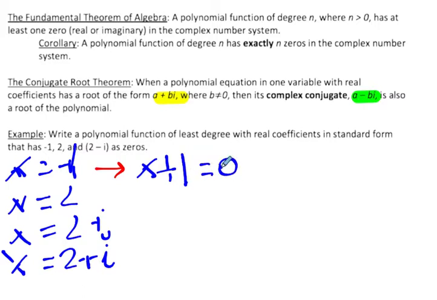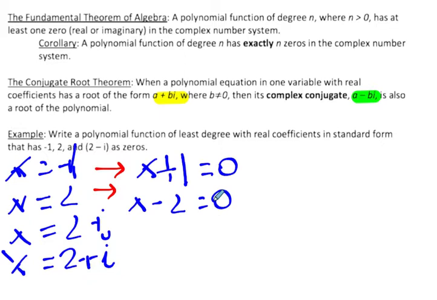For x equals 2, that would have come from the linear factor x minus 2 equals 0.